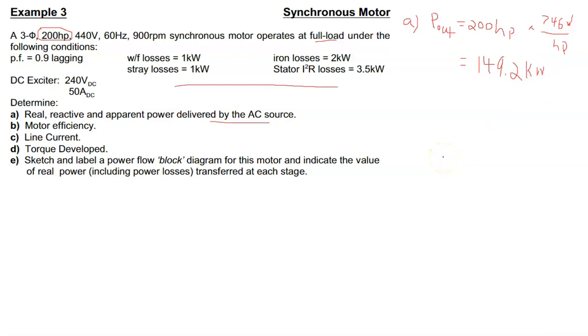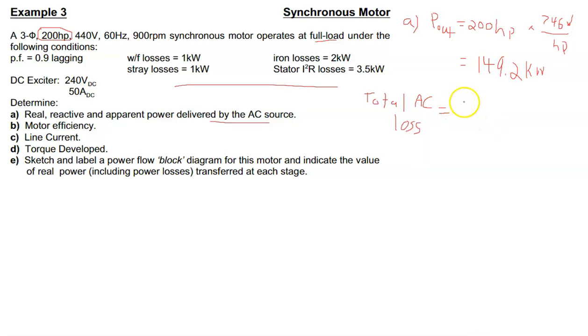Now, I can calculate the total loss. And remember that the rotor loss is not specified because that's supplied by the DC source. And therefore, it's the AC loss that we're going to calculate. And the losses in the stator and in the shaft, we assume come from the AC source.